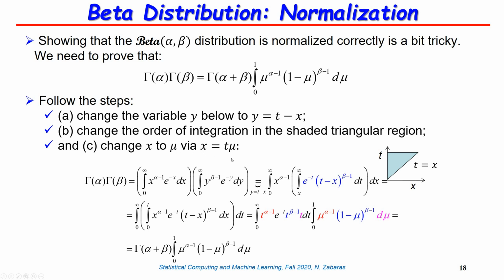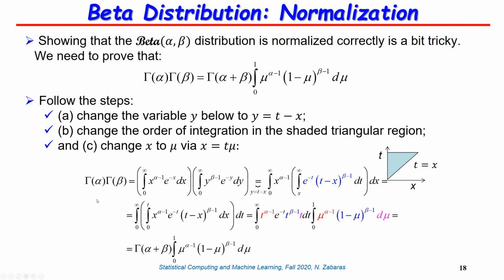And the last step is actually trivial. You change the integration from x to an integration over a new variable mu, such that x equals t times mu. And when you do that, immediately you get one integral that gives you the gamma function at alpha plus beta by the definition of the gamma function, and another that gives you basically this integral.